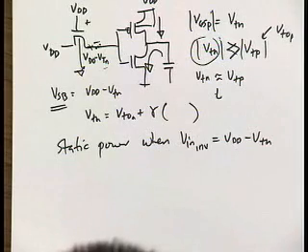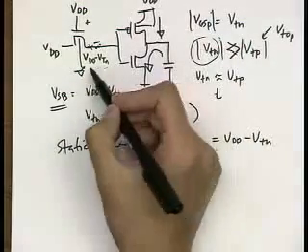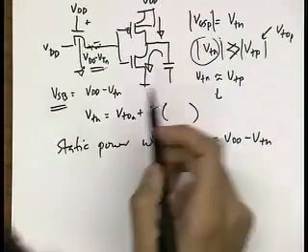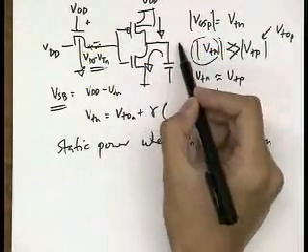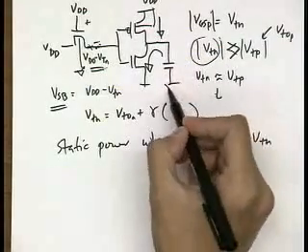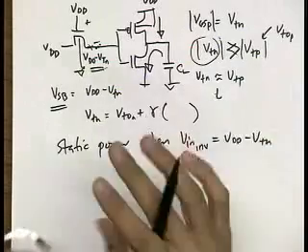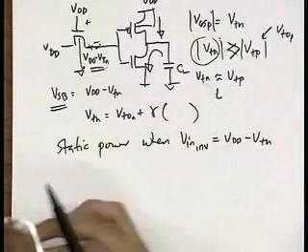So what else? What happens to the delay? If I'm driving this inverter with something a little less than VDD, how will that affect this inverter's capability to discharge a load cap? It'll be faster, slower, the same. Slower. Why will it be slower?